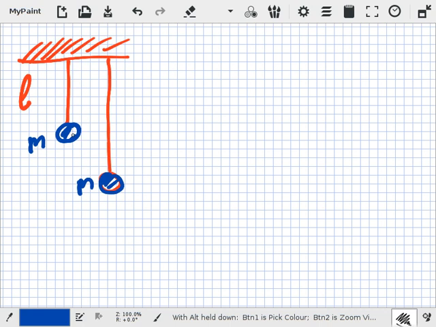Alright? So if you look at this picture, there are two forces acting. What are the two forces on the mass here? Weight, yeah, which is mg. And here? The tension. And this tension is a Hooke's force, because it's a stretchy spring. So Hooke said that the tension is equal to minus kx.